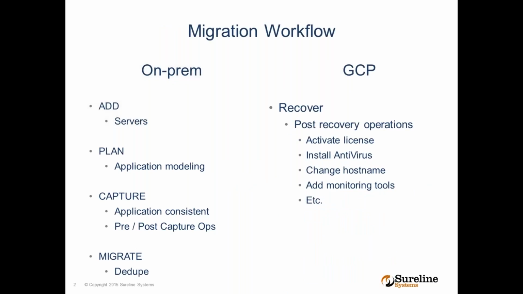On the on-prem Sure Edge instance, you would add servers. Then you would plan your migration or the recovery. Then you would start the capture process, and then the migration would take place. And on the Google Cloud platform, once the migration is done, you can recover your servers, and we'll see how it is done next.